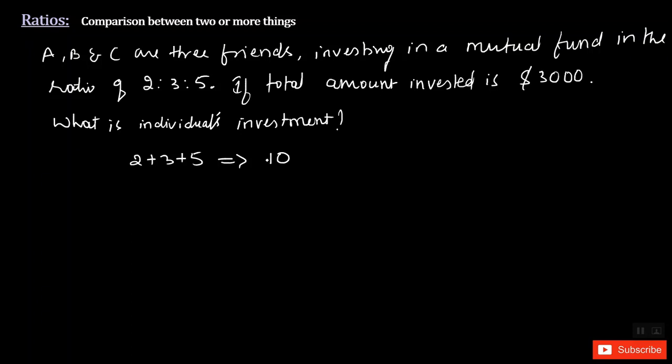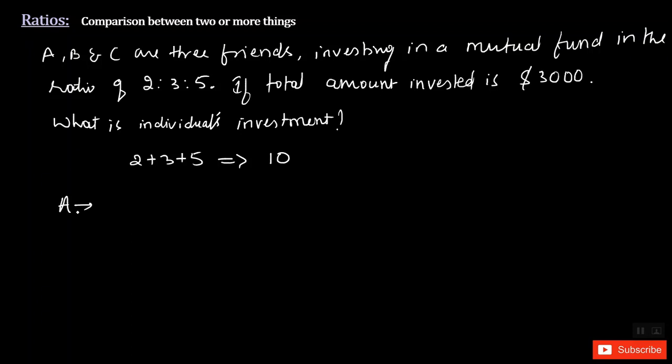So person A has invested 2 part out of the total 10, person B has invested 3 part out of total 10, and person C has invested 5 part out of total 10. This is how we can calculate their individual investment.